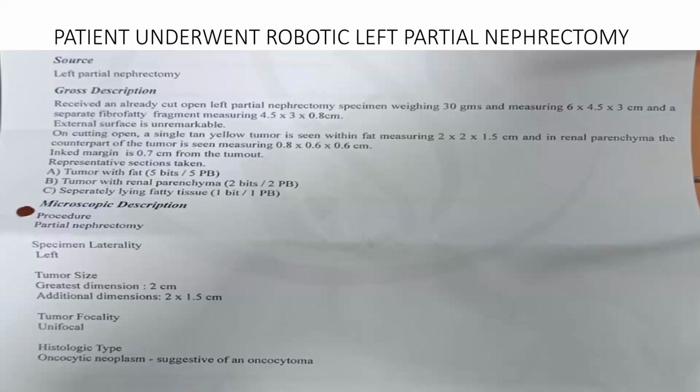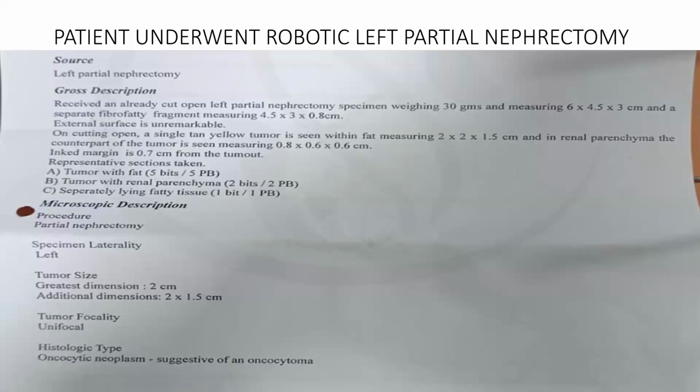Do you want to ask any question on that? Only follow-up, or CT scan findings which are sensitive for oncocytoma? Is it benign or malignant?